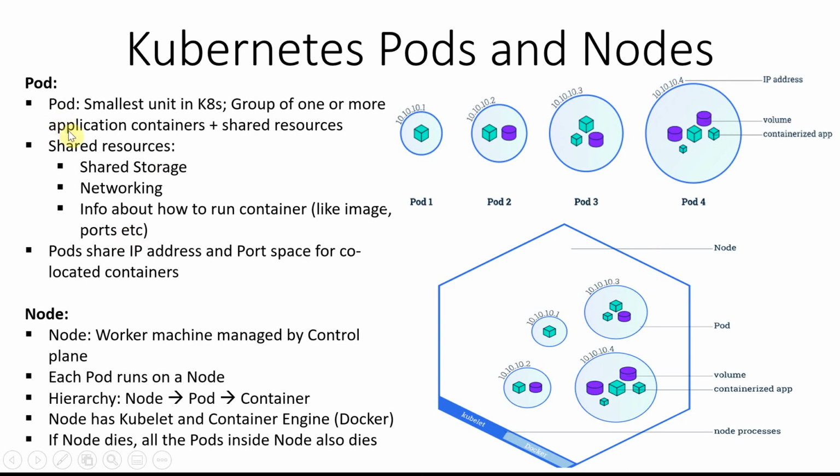This is very important to know. Unless you know these basics, you should have this picture in mind when we talk, so that it's easier to understand. As I said, the pod is the smallest unit in Kubernetes: a group of one or more application containers plus shared resources.